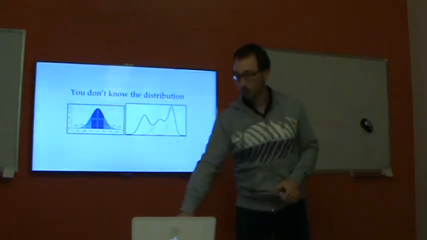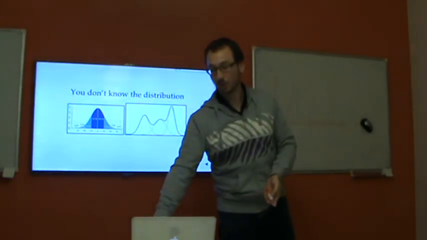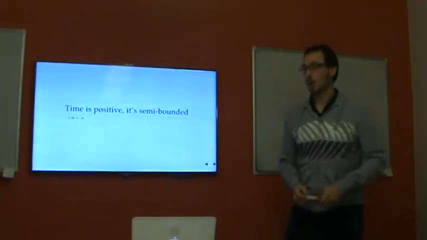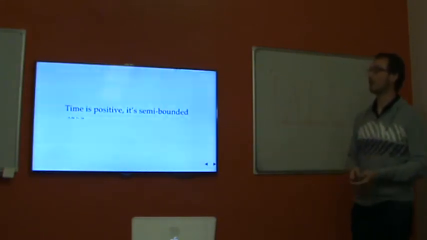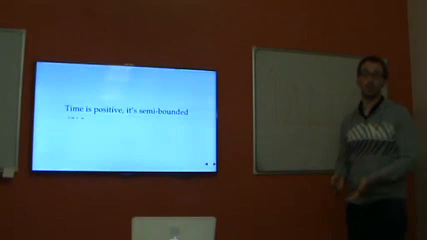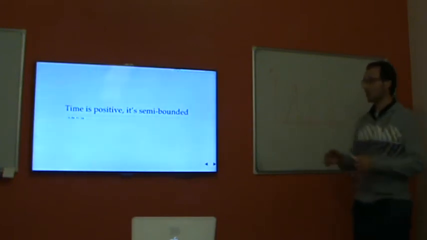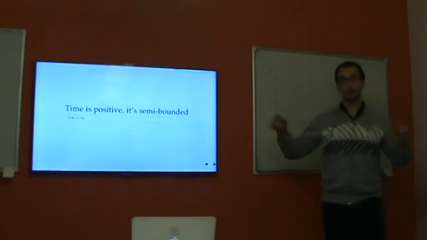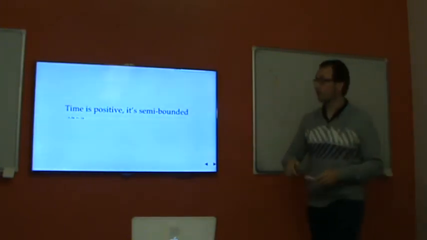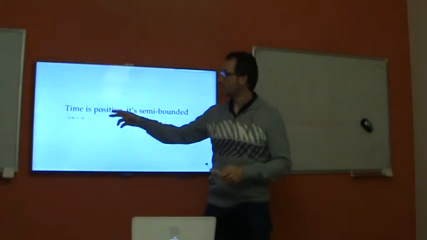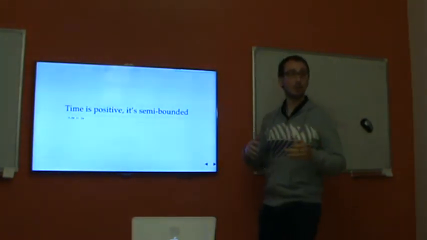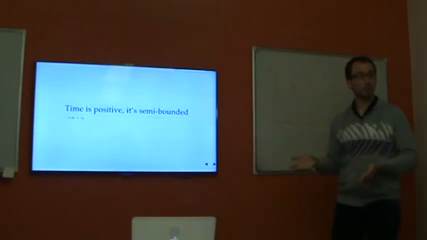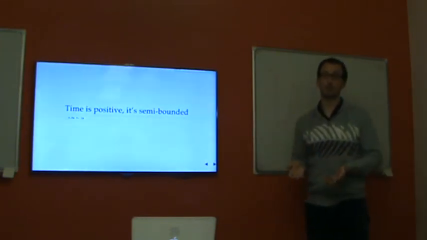That's the point. So we don't know the distribution of the time for your implementation. That's one thing, and the other thing is that you measure time, and it's positive. A normal distribution is infinite, and if you have an average of, say, 0.5 seconds and your standard deviation is about 1 second, that could happen because you don't have a normal distribution.